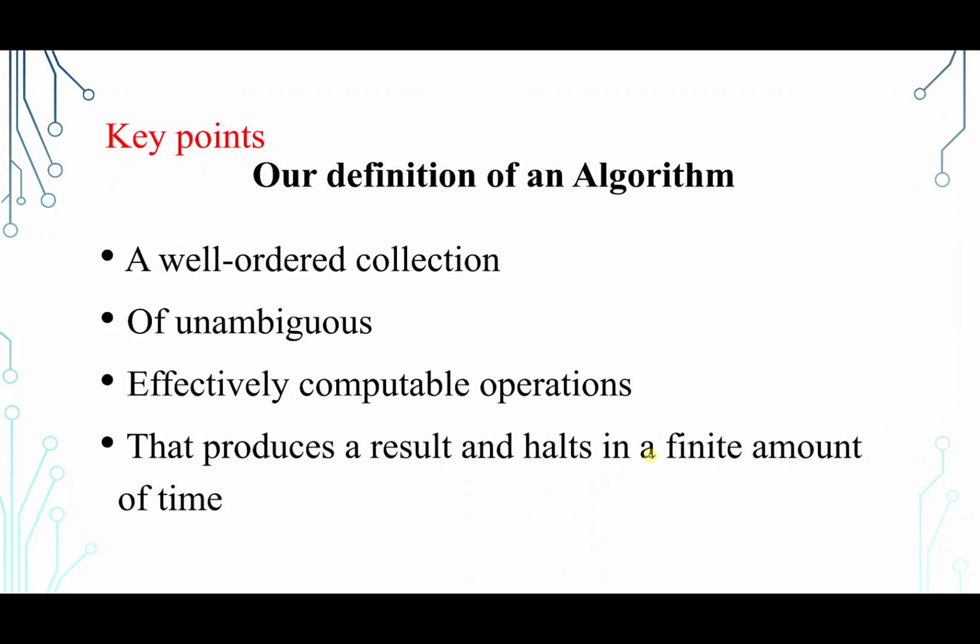The computer science definition, the formal definition in our eyes, computer scientists, is a well-ordered collection of unambiguous, effectively computable operations that produces a result and halts in a finite amount of time.